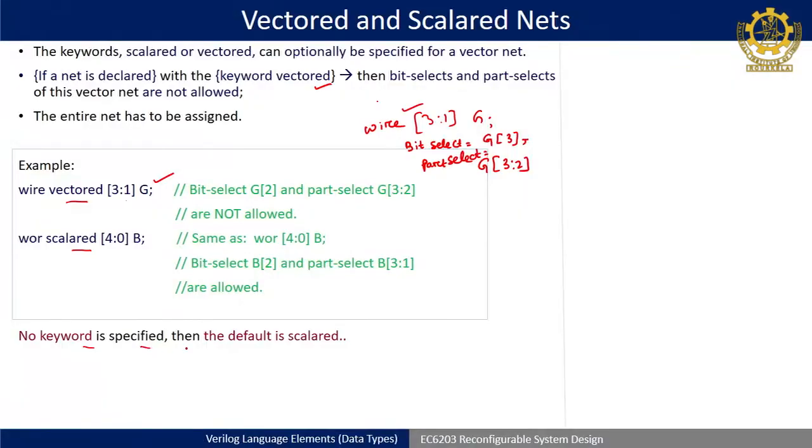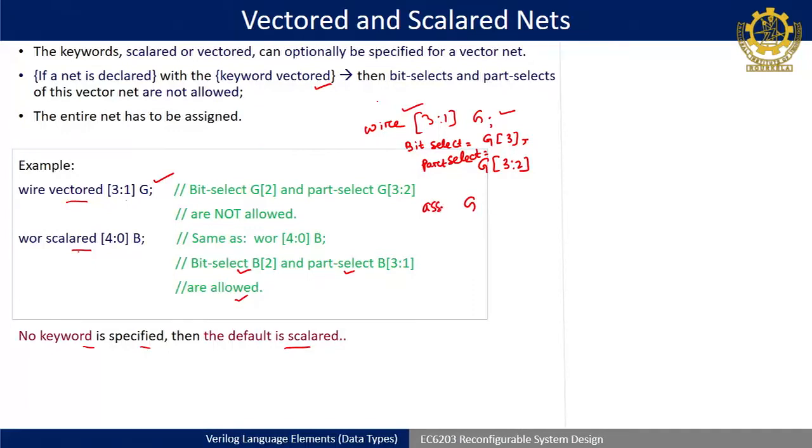No keyword specified means the default is scalared. Scalared means bit select and part selects are allowed. If you are not writing anything, you can take bit select and part select, but if somewhere you write the vectored keyword, then bit select and part select is not possible. You have to use it as a whole, the entire g has to be assigned a value, whereas here I can write assign g[3] = 0.